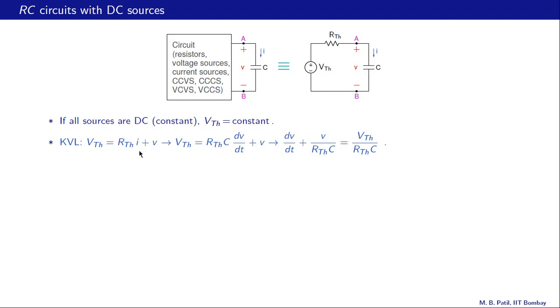So we substitute for I, and then we get VTH equal to RTH C dV/dt plus V. We can rewrite this equation as dV/dt plus V divided by RTH times C equal to VTH divided by RTH times C. All we have done here is divide both sides by this factor.